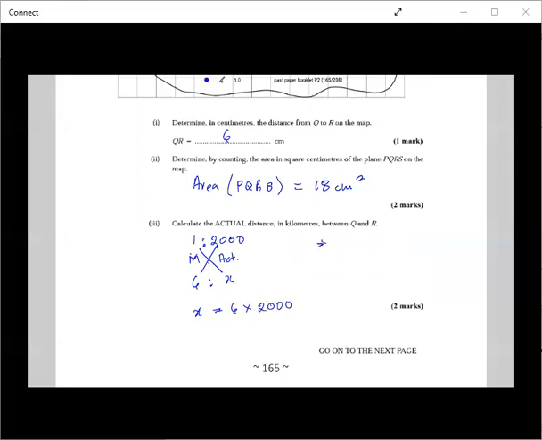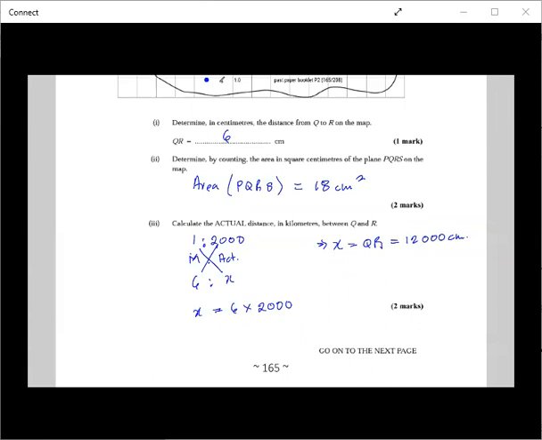So therefore X, which is the distance QR, is equal to 12,000 centimeters. The examiner asks for the answer in kilometers.